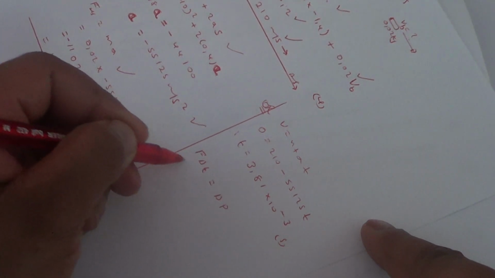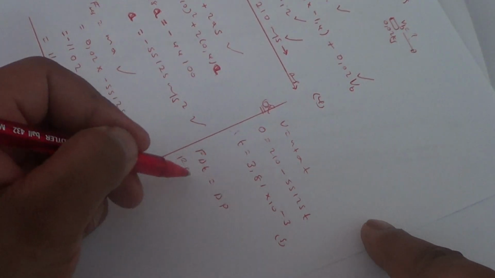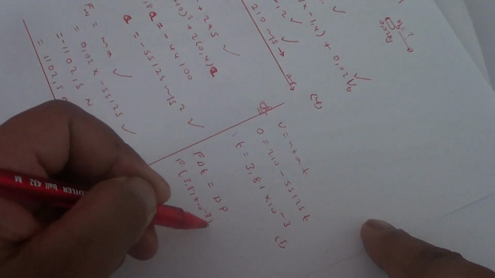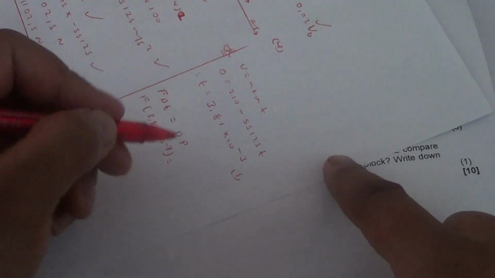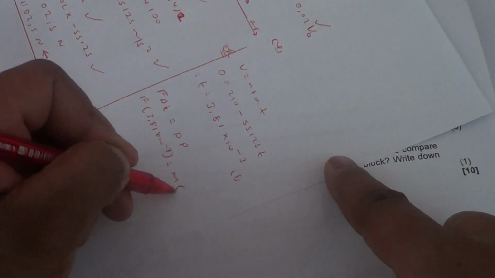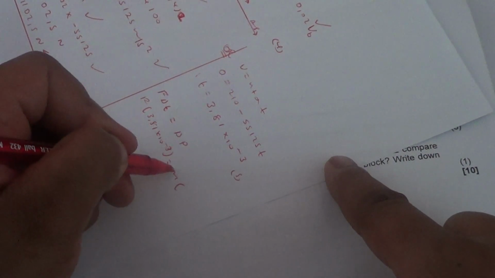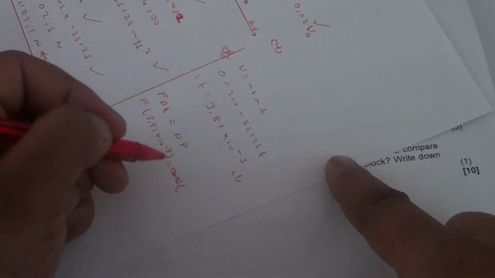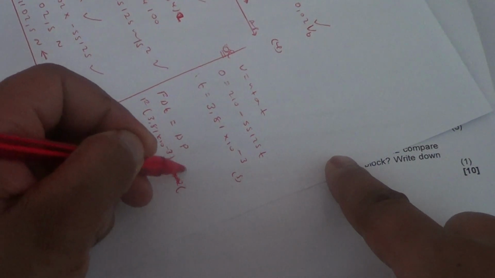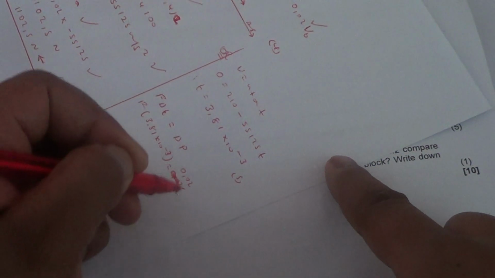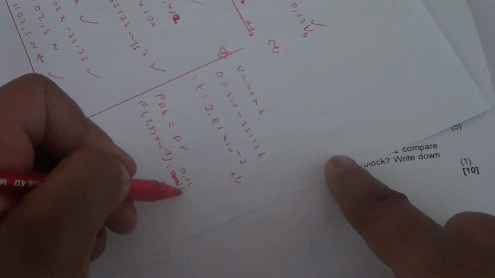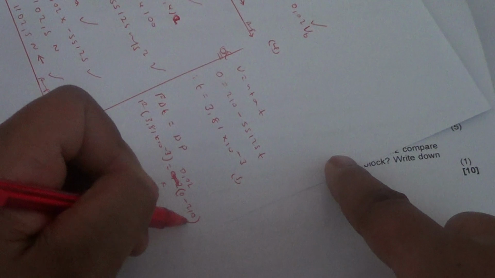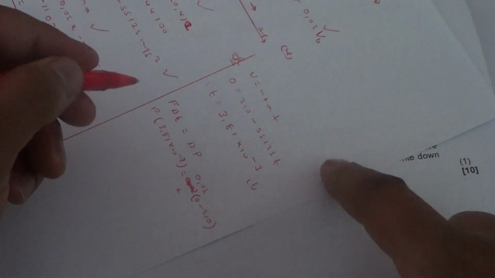And then this F delta t, now the t is 3,81 times 10 to the minus 3, equals the change in momentum, which is just going to be the mass of the bullet, 0,02. Inside it's going to be 0 minus 210. That's all, the change in momentum.